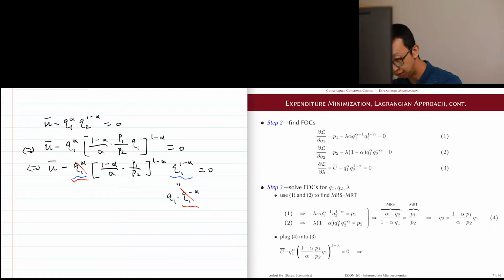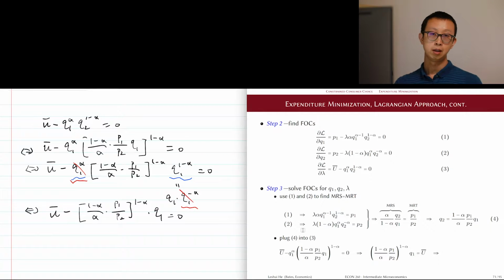What we have now suddenly becomes a linear equation of q1, because we have u bar minus this package, (1 minus alpha over alpha times p1 over p2) to the power of 1 minus alpha, times q1 is equal to 0. To solve for this, we can just move u bar to the other side of the equation, multiply both sides by minus 1, and that gives us this expression on the right-hand side on the slide.